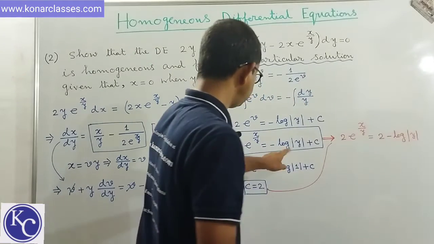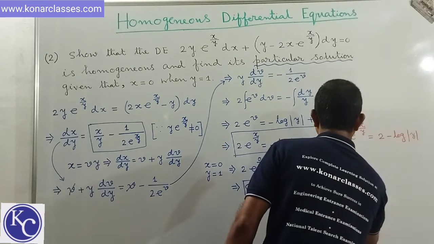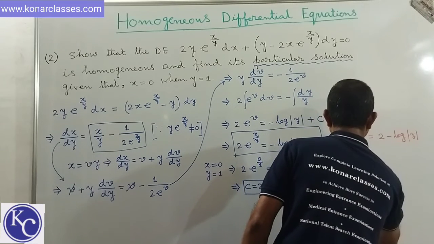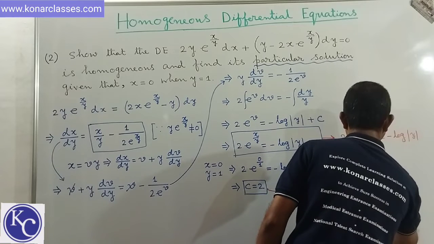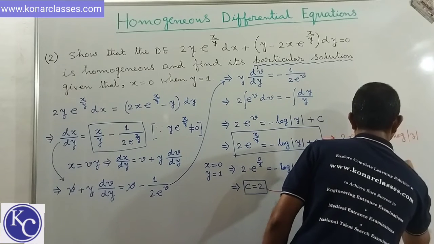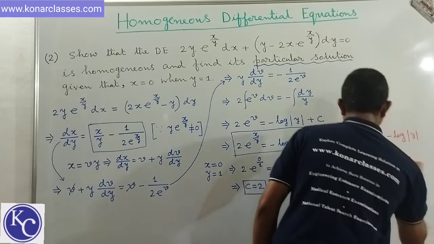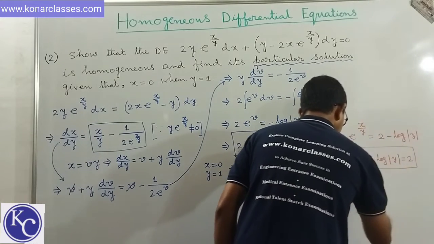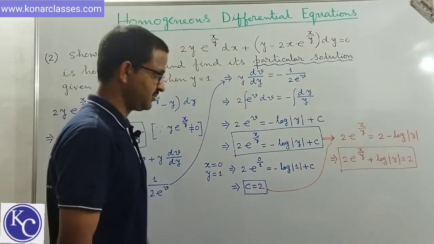Or we can write this implies 2 into e power x by y plus log of mod y is equal to 2. And this is the required particular solution, as it is not having any arbitrary constant.